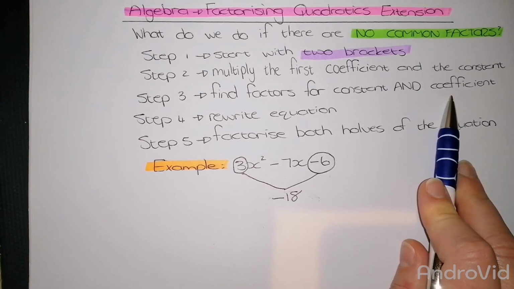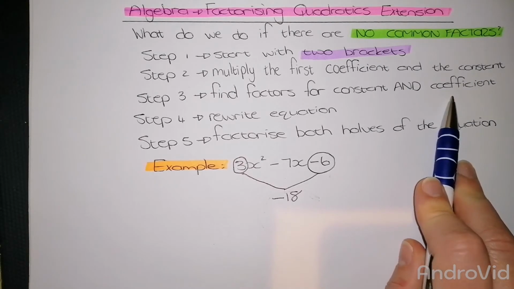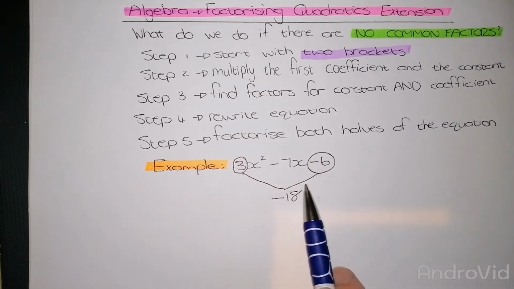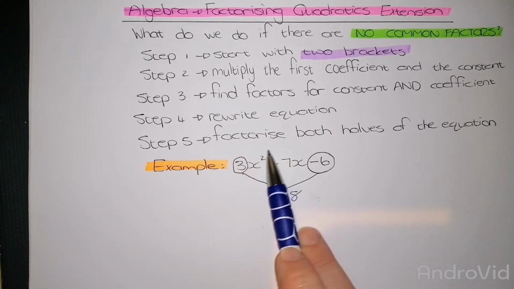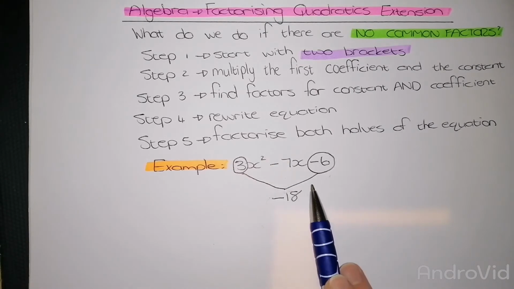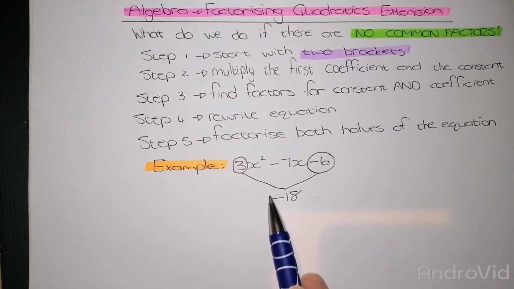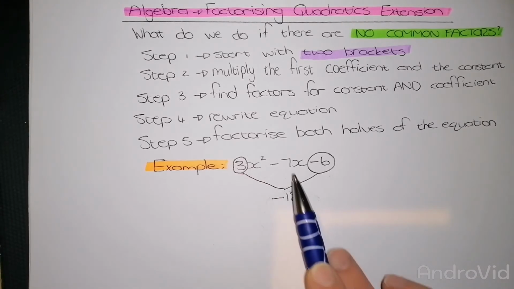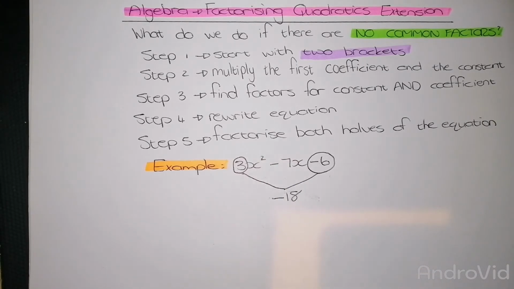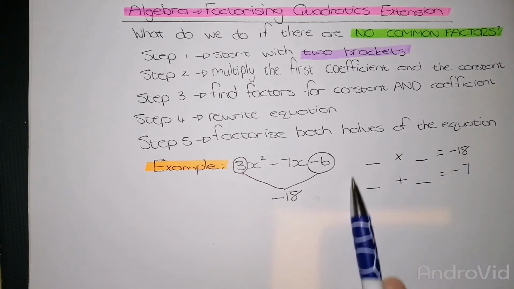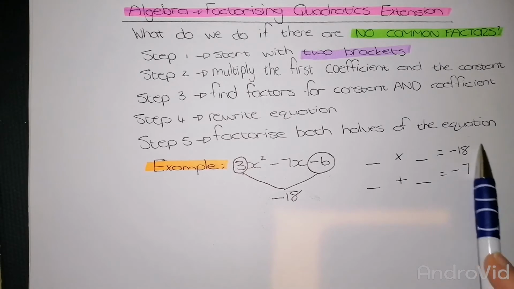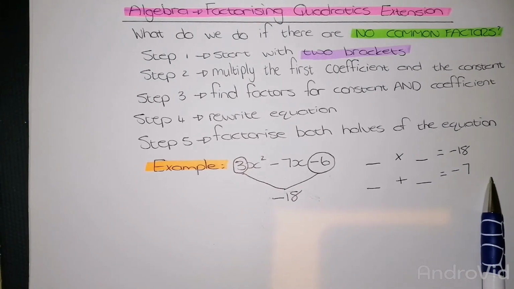So we know in factorizing when we need to find values or factors for the constant and the coefficient, the two values need to multiply to get -18, and when you add them together, it needs to give you -7. Looking at this example, it is quite an easy one because I've got 18 and I've got 7, so the two factors that spring to mind are 9 and 2.